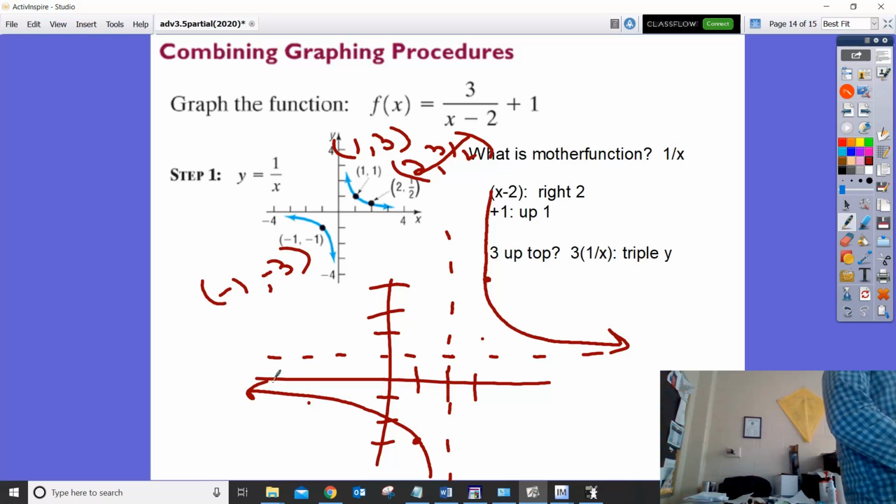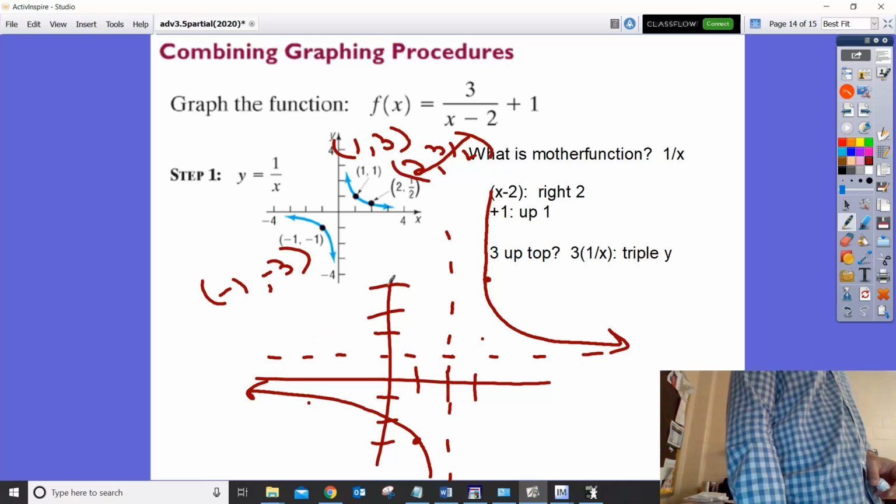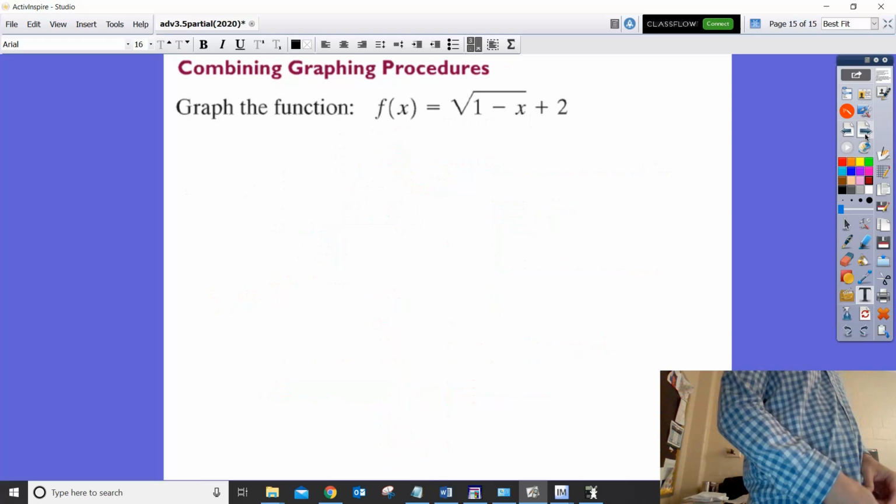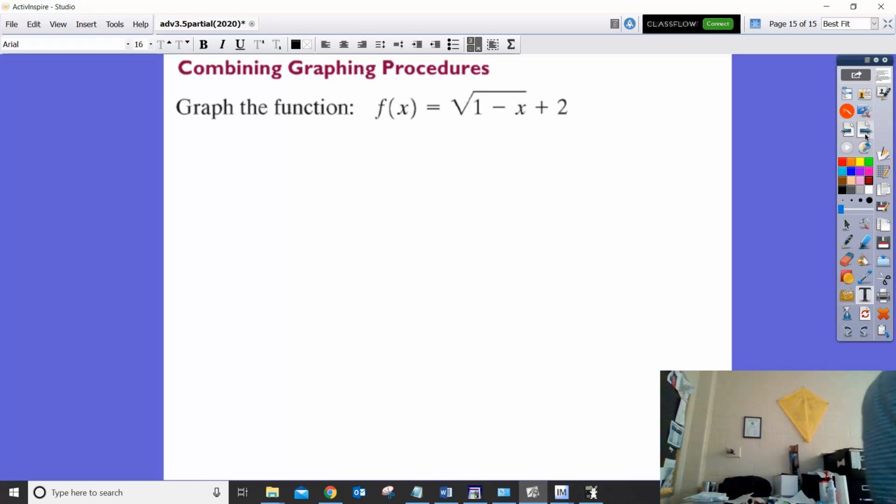Huh? There's another one? I thought the next thing was homework of the book. I'll graph that thing. Okay, that's an easy one. What's mom?